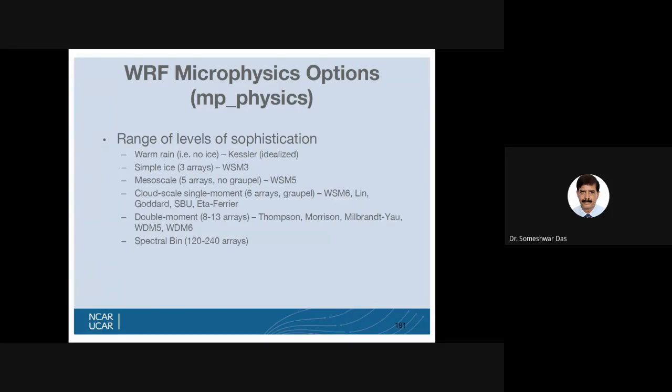And obviously it is cumbersome to calculate the size of individual cloud microphysical parameters. Even calculating the number concentration of the cloud microphysical parameters is quite complex and very tedious, so many times they are just approximated. We call it bulk parameterization, bulk schemes, in which these things are just approximated.